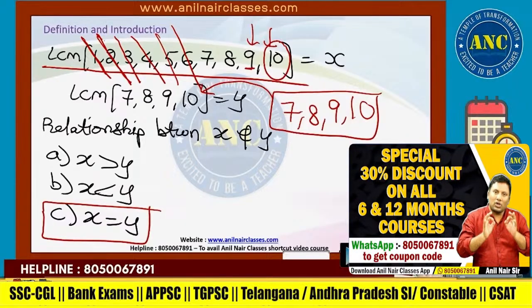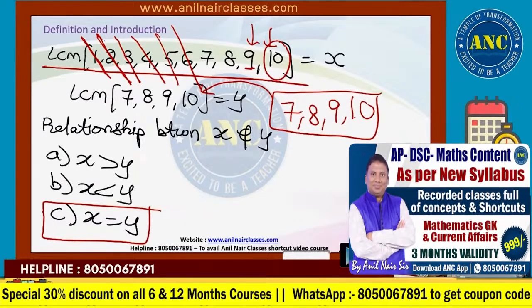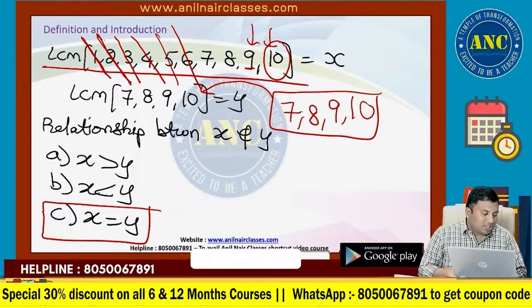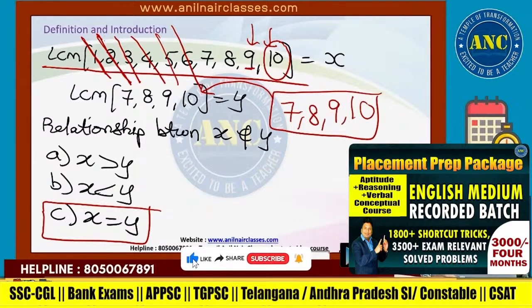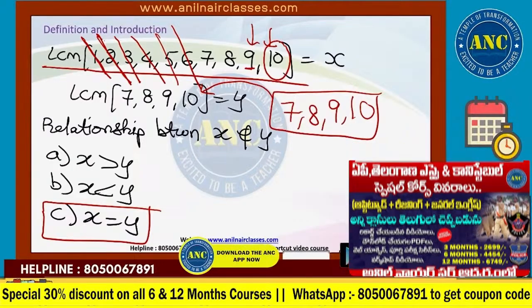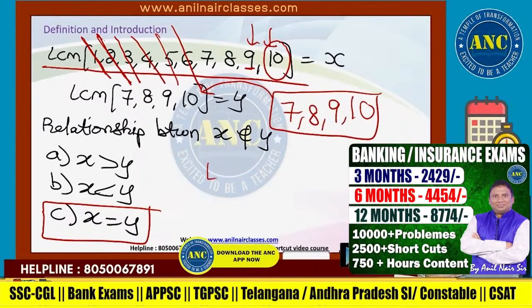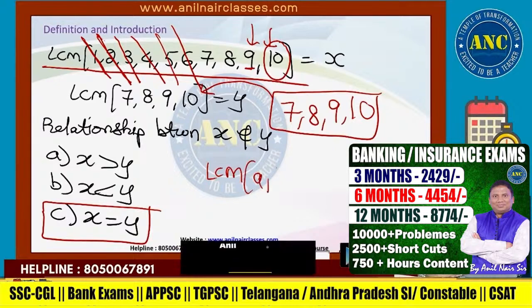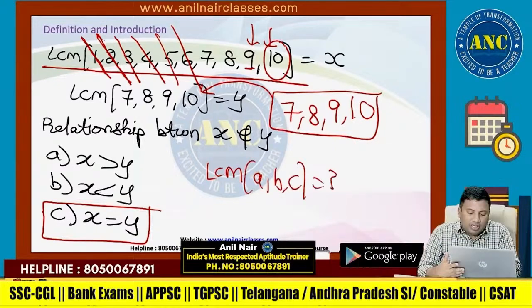It's a very, very good question which tests your understanding of how to eliminate the factors of a number. My sincere suggestion to each one of you: unless and until it is mentioned, you don't need to answer. Try to solve this question: LCM of A, B, C equivalent to 360.